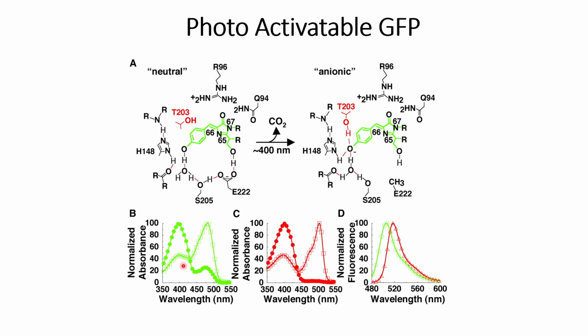After activation, since most of the neutral form has been converted into the anionic form, and this conversion is mainly related to the rotation of T203 and the decarboxylation, or removal, of E322, we can see that the neutral signal is reduced after this conversion of neutral to anionic, and we see more signal at the 475 nanometer peak.